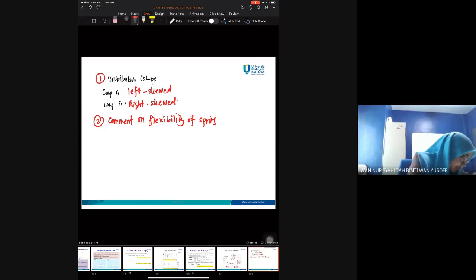For the average, for the box plot, to discuss the average we always use the median or Q2 value. It doesn't matter what shape you have, because a box plot is just a rough measurement that we use to discuss the data.